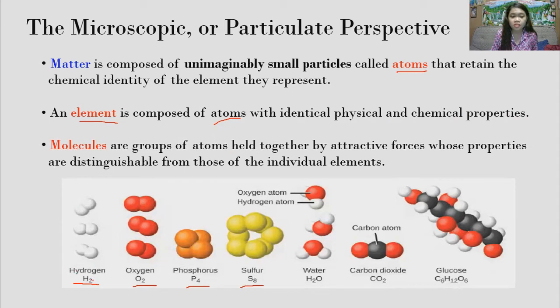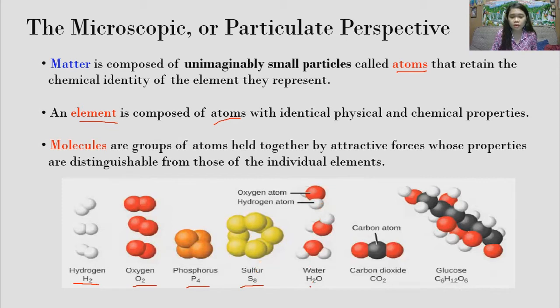For H2, we only have one type of atom, which is the hydrogen atom. For O2, we have oxygen. For tetraphosphorus, we have four phosphorus atoms. And for octasulfur, we have eight sulfur atoms.